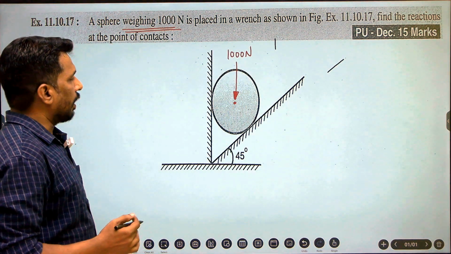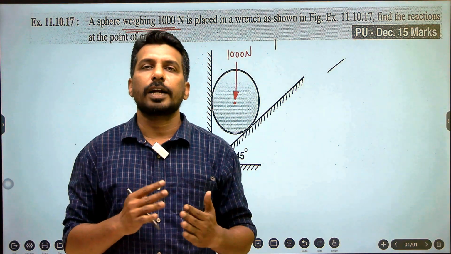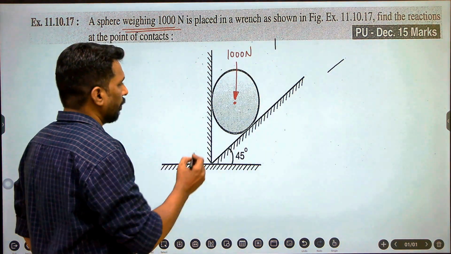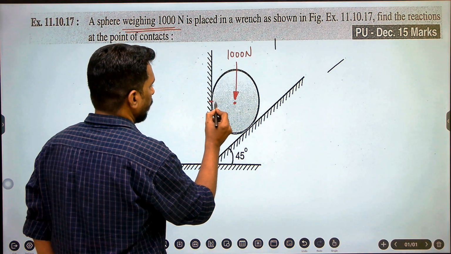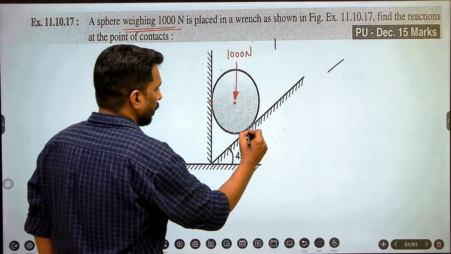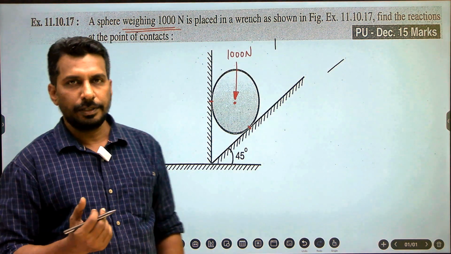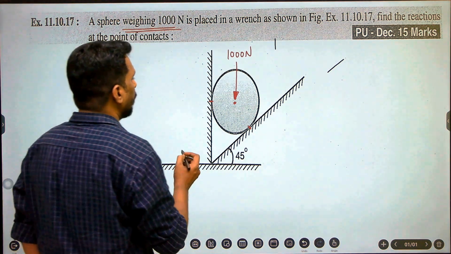Now the thing is the reactions. So reactions are always perpendicular to the contact surface. Perpendicular to what? The contact surface. The sphere is having 2 contact surfaces. First one is over here, you can see here, and second one is over here. There are 2 contact points. So there will be 2 reactions. So first reaction perpendicular to the contact surface.